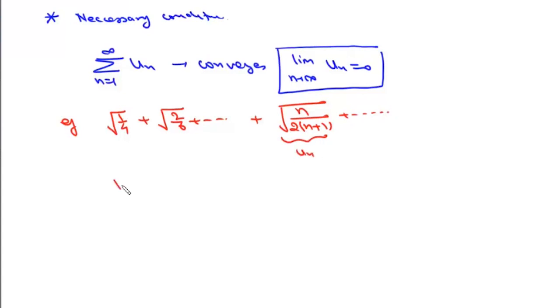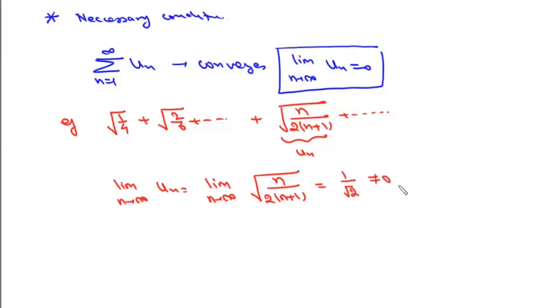If we look at this limit as n tends to infinity of un, it will be the limit as n tends to infinity of under root of n upon 2n plus 1. Now this is an infinite limit. Coefficient of n in the numerator is 1 and in the denominator is 2. So the value of this limit will be simply 1 by root 2, which is unequal to 0.